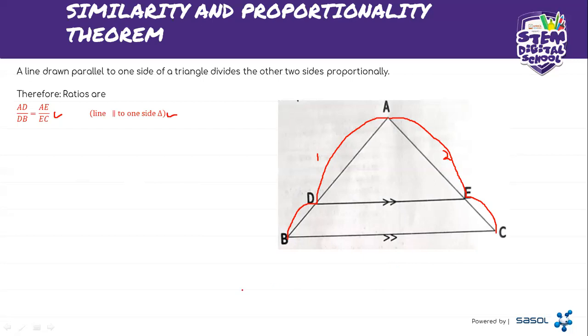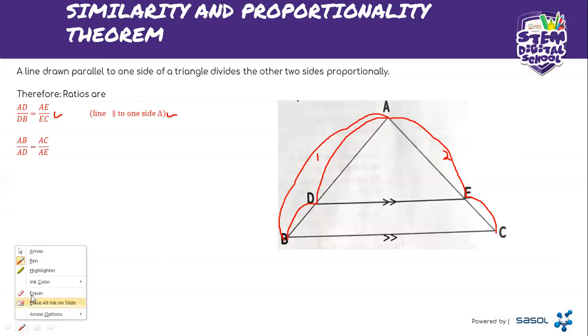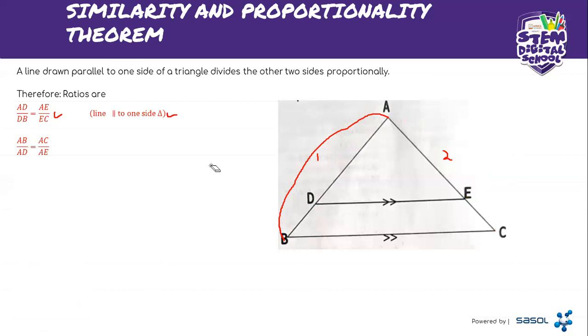Now, you can do that again. You can see that we have another way of writing it. Let's go and look for AB. This is going to be AB divided by AD. Can you see that? AD. I think it will be much better if I remove the previous one so that you can see which one we are referring to.